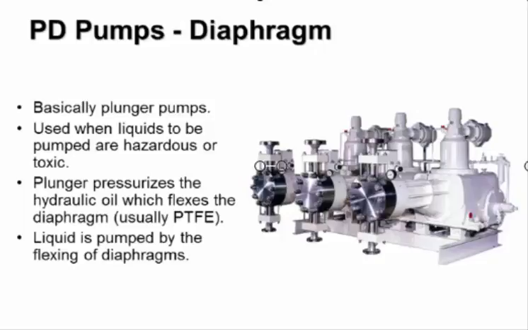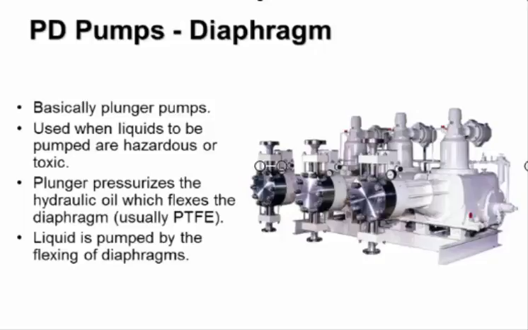So we're not worried about corrosion of the plunger because it's not coming into contact with the pumped fluid. What comes into contact with the pumped fluid is a flexible diaphragm. The diaphragm is shown in the forward position here. In other words, the plunger has pushed forward and we've pushed the liquid out into the system.